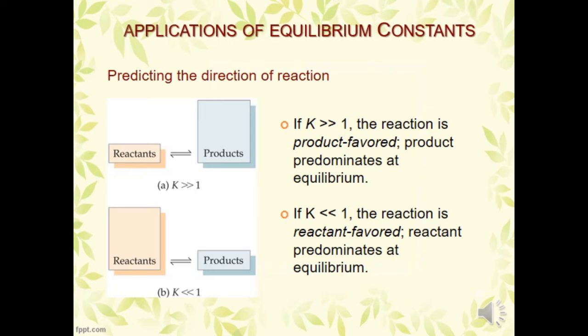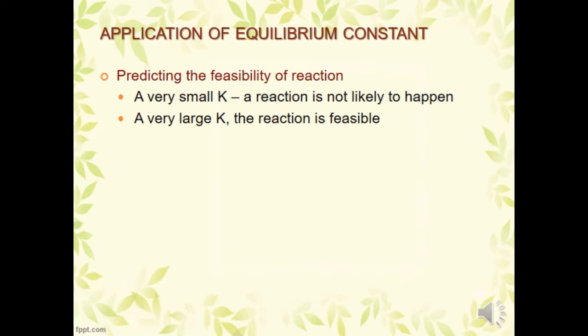Reactant will predominate. If the value of K is very small, it means that the reaction is not likely to happen because it is too small. However, if the value of K is too large, it means that the reaction is feasible. The reaction can proceed.